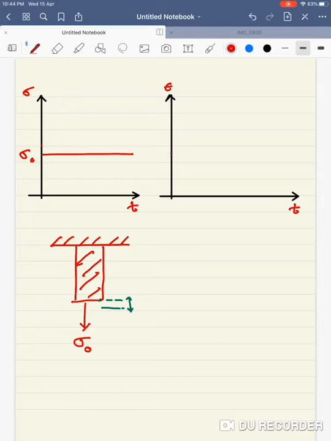What you are going to see is some constant strain that is going to come up, right? So this is going to be epsilon naught. The moment there is an instantaneous increase in stress, you will register an instantaneous increase in strain, but then nothing else will happen. So the strain remains constant with respect to time.